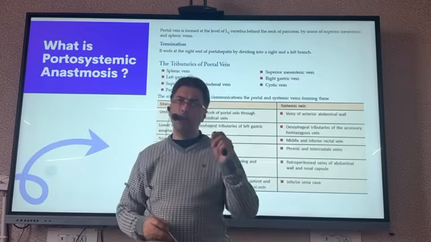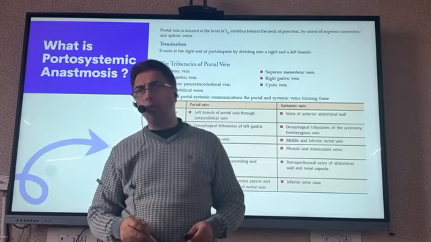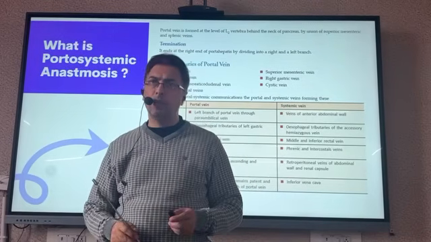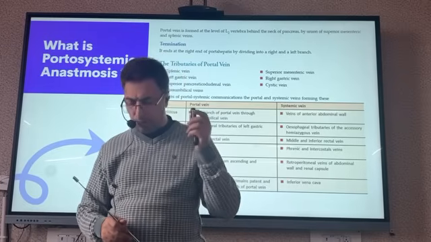That is a major feature of portal vein, that the portal vein anastomoses with the systemic veins.